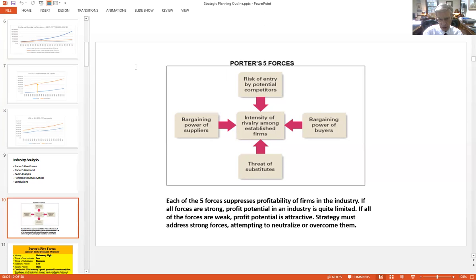Now, it may also be that our customers, called buyers in this model, have the opportunity to buy from more than one supplier. So if an industry is made up of lots of competitors that are easily accessible by customers, then the customers have what's called switching power.